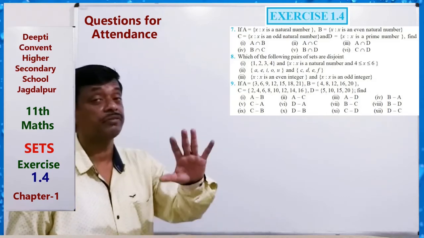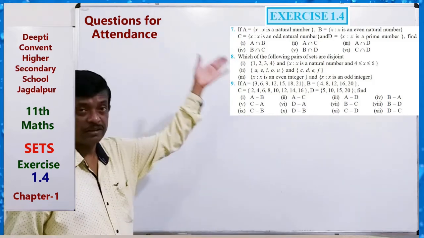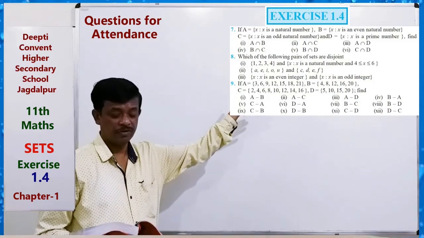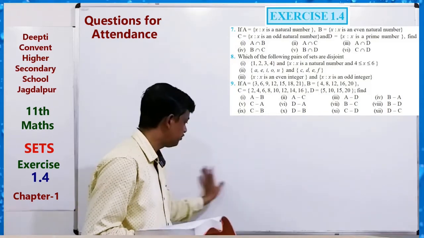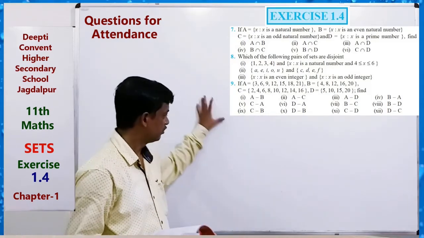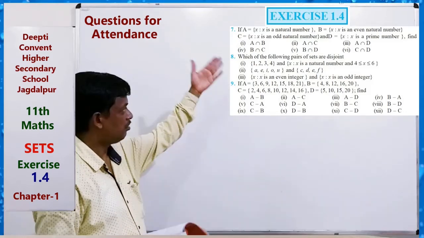So first write all the sets in roster form, then you can get the elements and find all the intersections.